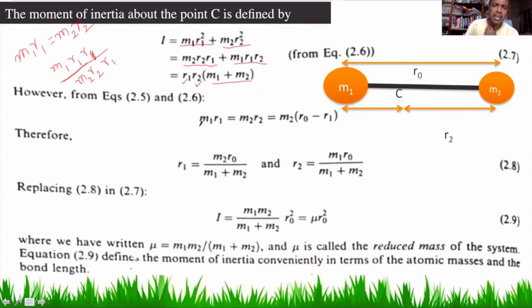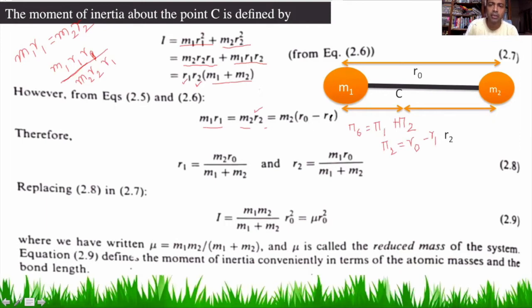And since m1 r1 is equal to m2 r2, I replace r2 by r0 minus r1, since r0 is equal to r1 plus r2. So I can write r2 is equal to r0 minus r1. That's the way to replace it.